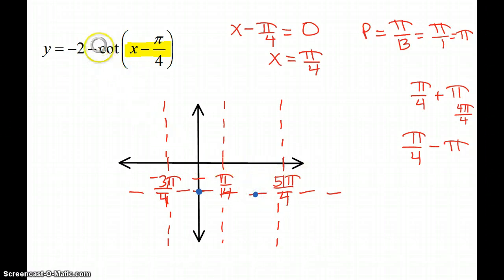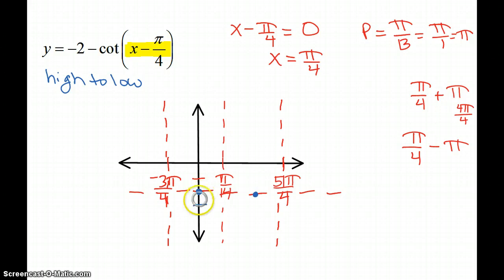Then I look at it, it's 1. So I'm going to end up going 1 above it and 1 below it. So I'm going to end up going 1 this way. Then I also have to notice that it's a reflection. So usually cotangent would go from high to low, but since I'm reflecting it, it's going to go from low to high.